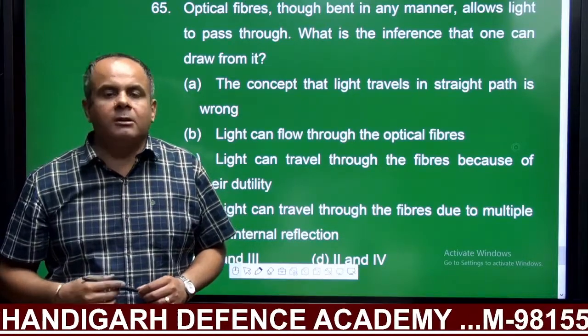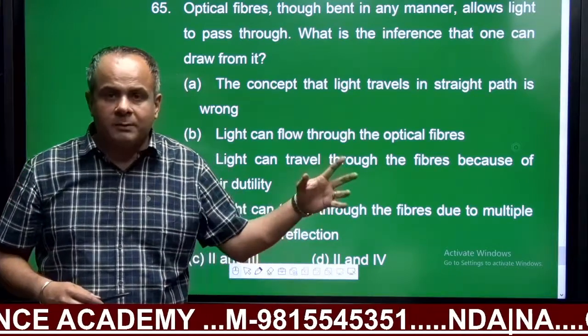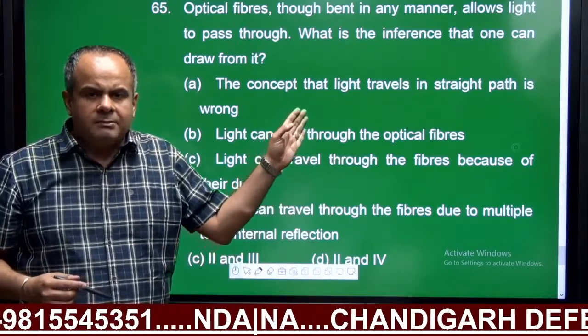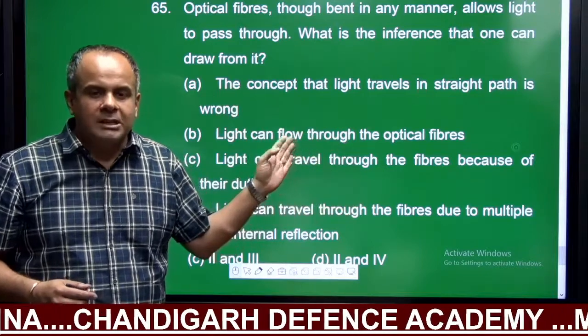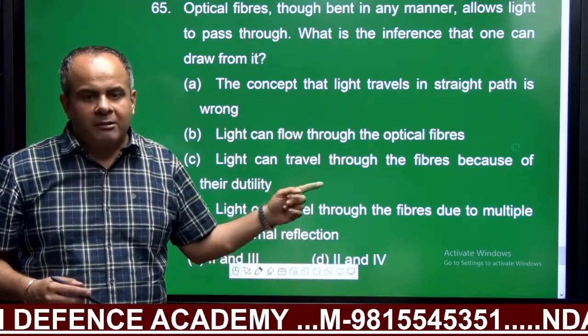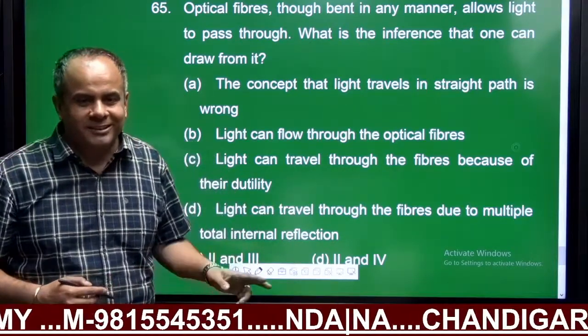Optical fibers work on the principle of total internal reflection. We just understood it, we just studied it. Which choice fits in? The concept that light travels in straight path is wrong. That cannot be true. This answer is wrong. Light can flow through the optical fibers. Wrong. Light can travel through the fibers because of their ductility. That is also wrong.